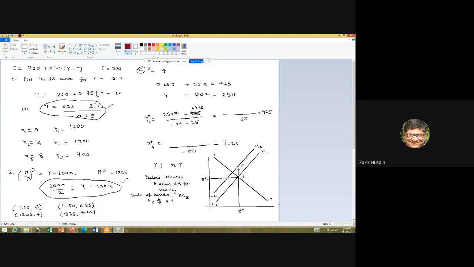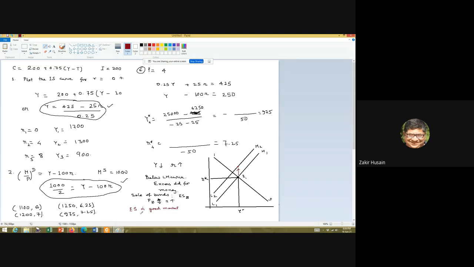So we are at the equilibrium in the bond market. But now we have excess supply in the commodity market. We are above the IS curve.